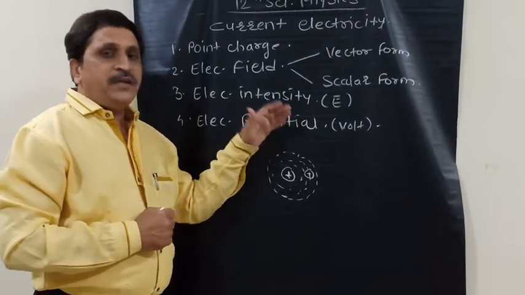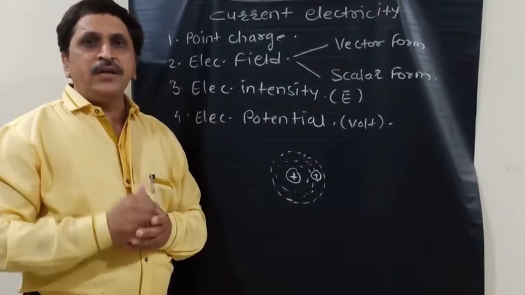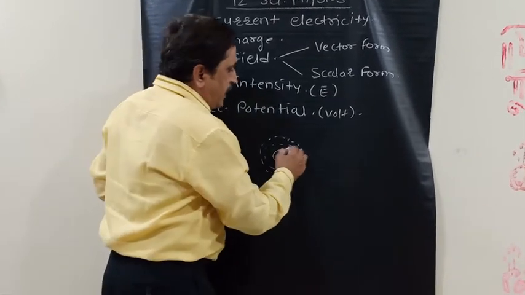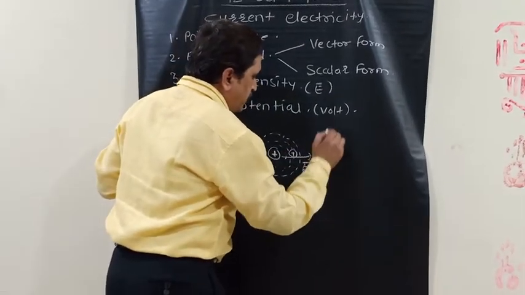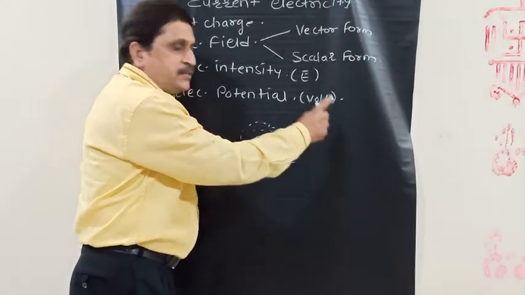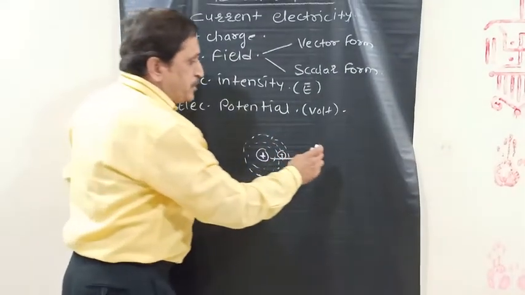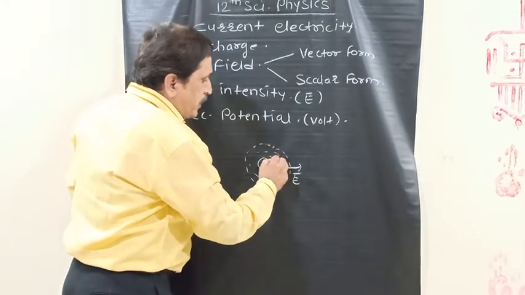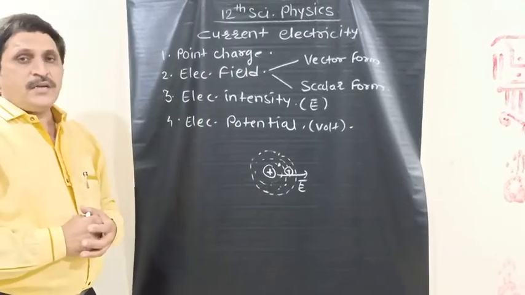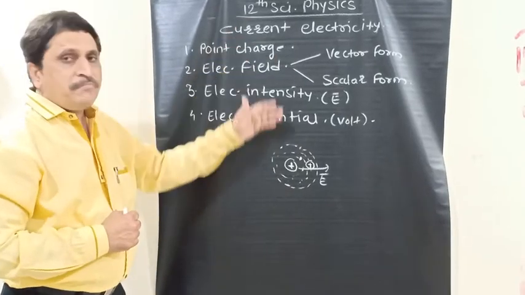Electric potential is defined as the amount of work required to bring a unit positive charge from infinity to a given point in an electric field against the direction of electric intensity. Once again, listen carefully. Electric potential is defined as the amount of work required to bring a unit positive charge from infinity to a given point in an electric field against the direction of electric intensity, and it is known as electric potential at that point. These are some basic terms.